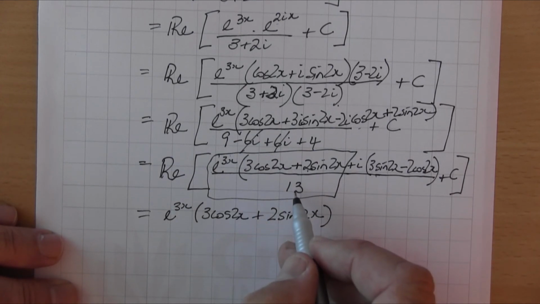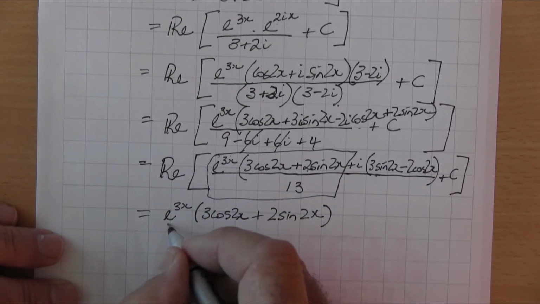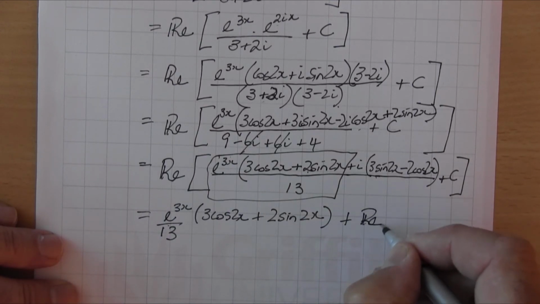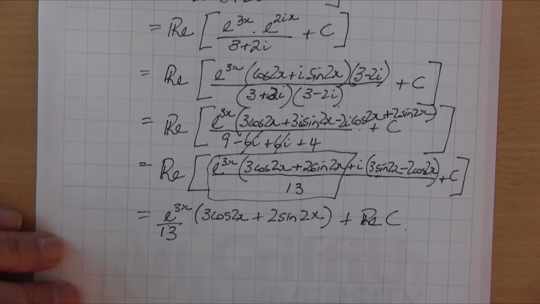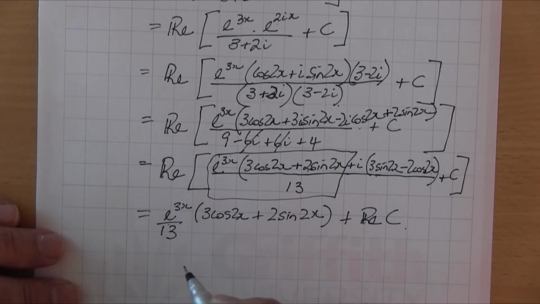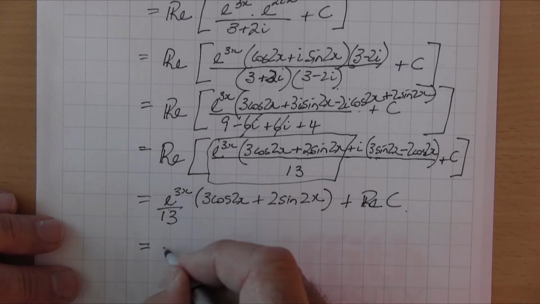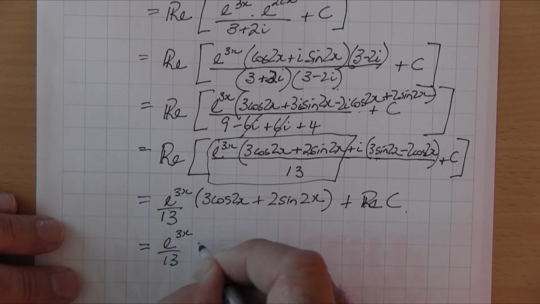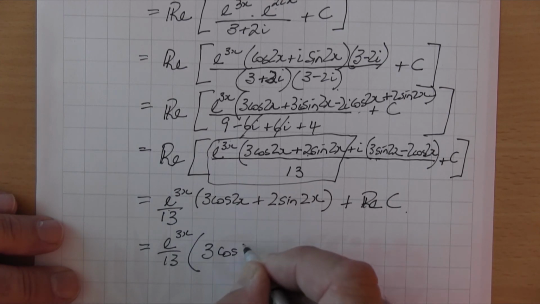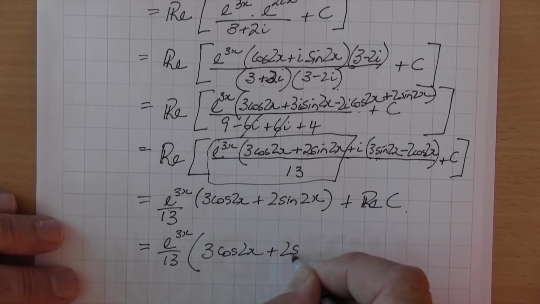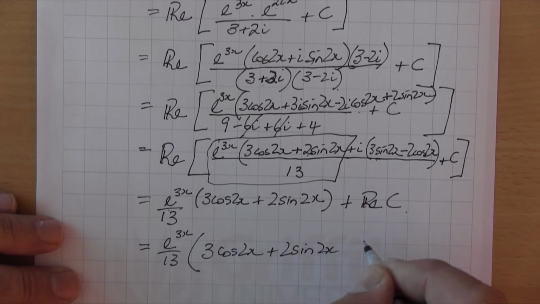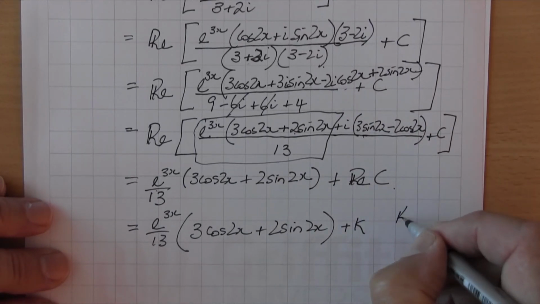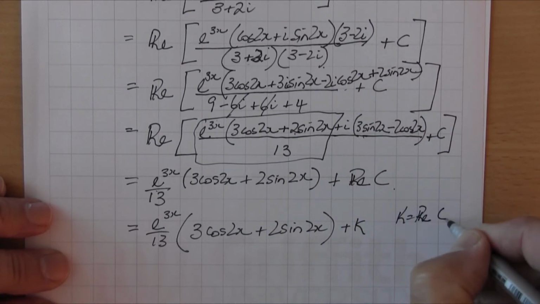And the 13 could come out the front and make that over 13, plus the real part of c. So, writing it a little bit more neatly, we've got e to the 3x over 13, times (3 cos 2x plus 2 sine 2x), plus k, where k is equal to the real part of c.